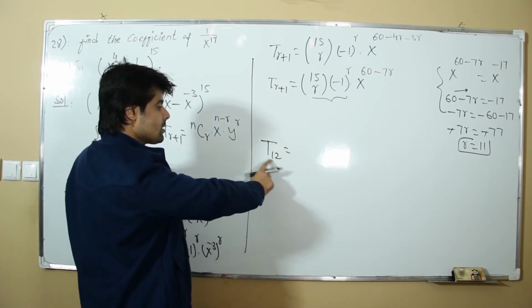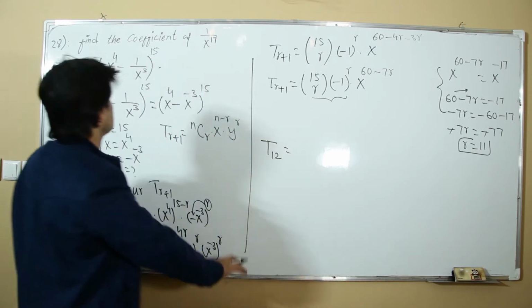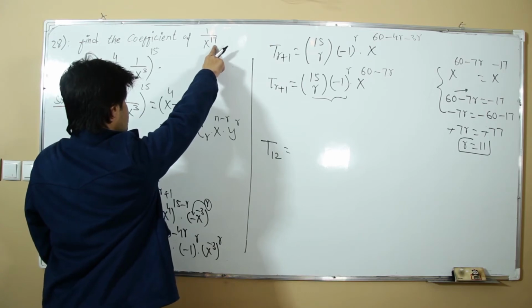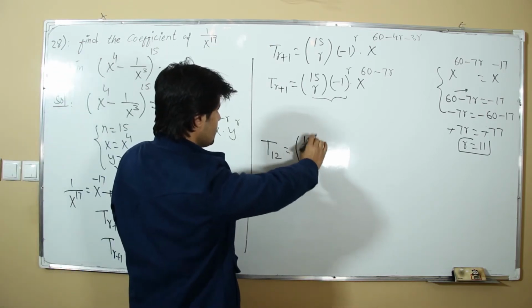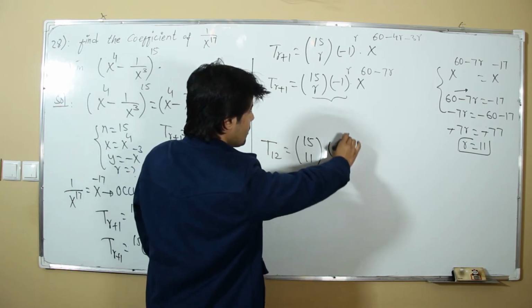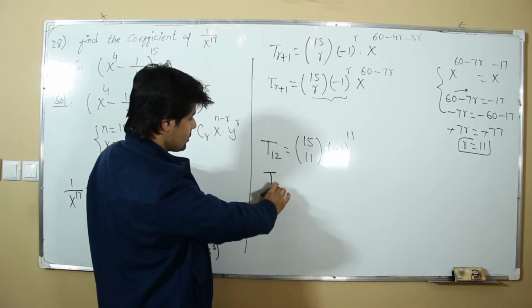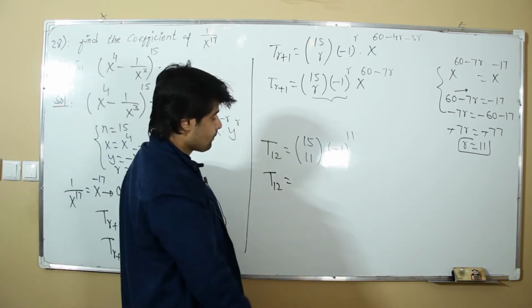That is the 12th term, in which the variable is 1 divided by x to the power 17, and the coefficient is 15 c 11 times minus 1 raised to the power 11. Now you will have t12, which is x to the power minus 17.